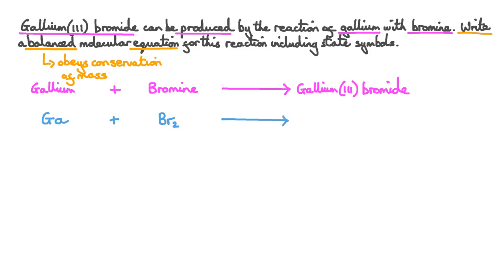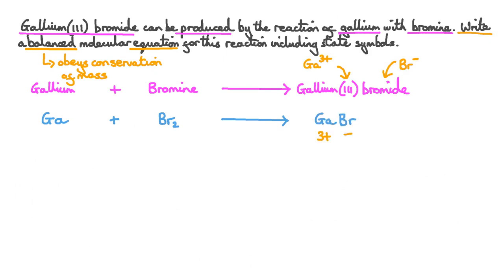Now we just need to work out the formula for gallium-3 bromide. Remember that bromine forms a negative anion. This Br- anion is called bromide. We are told that we have gallium-3 in our gallium bromide, so this means that we have Ga3+ as a cation.